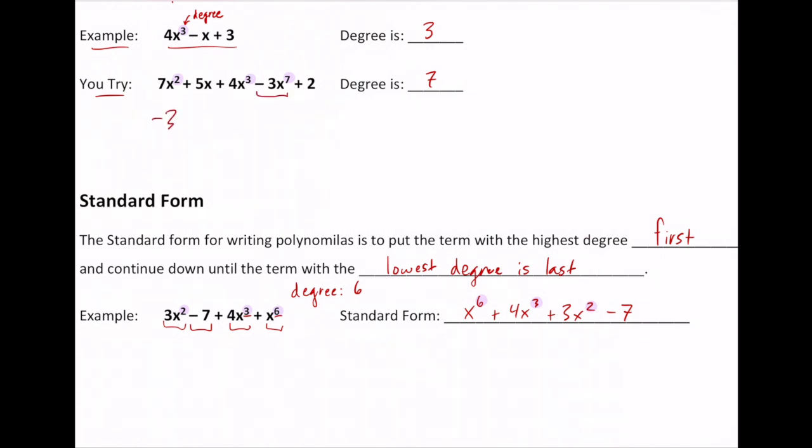That's that -3x to the 7th term. Then we have x to the 3rd, so I'm going to write the 4x to the 3rd. We have x squared, so we have the 7x squared. We have the 5x, and we have the 2. So I would say that this is the standard form for that polynomial.